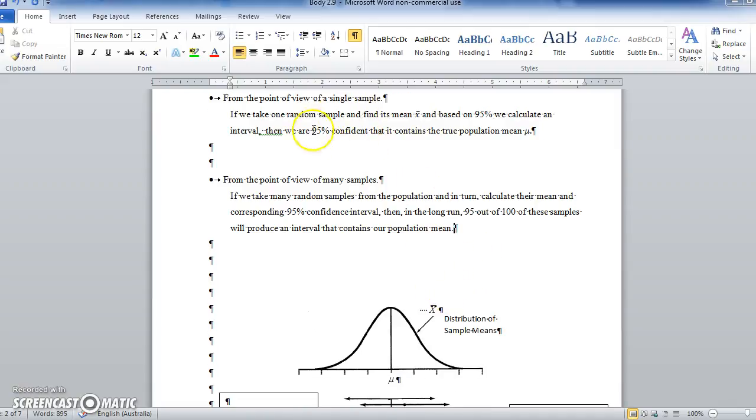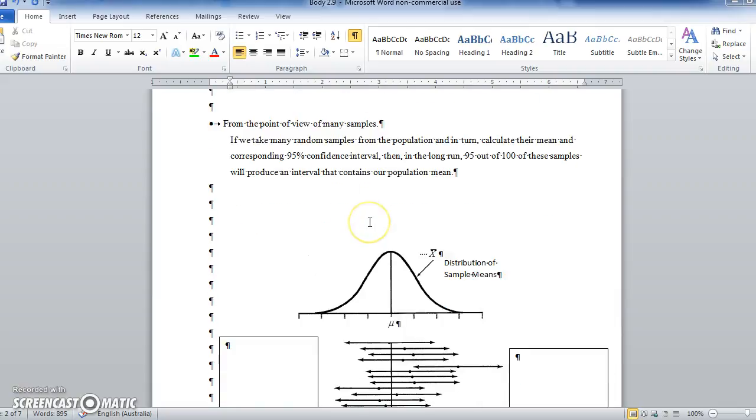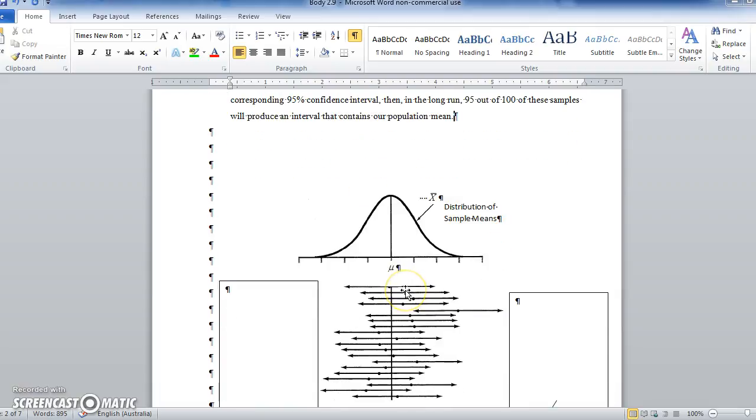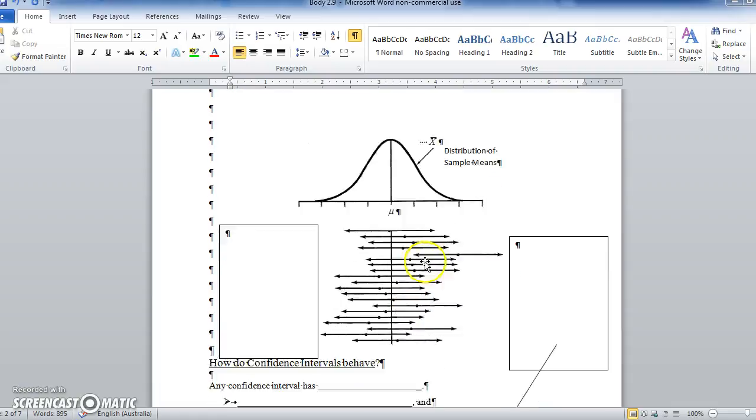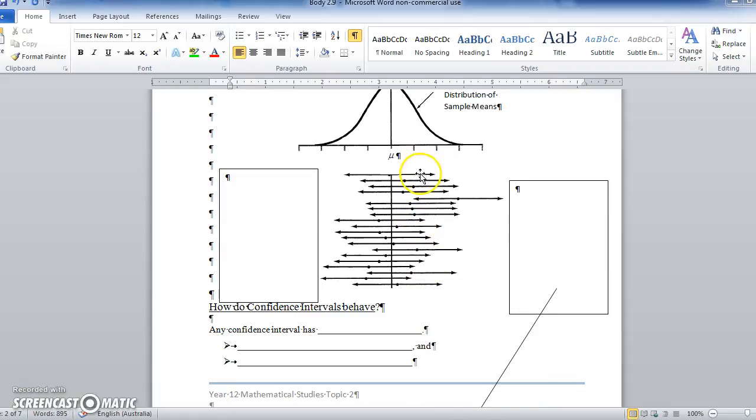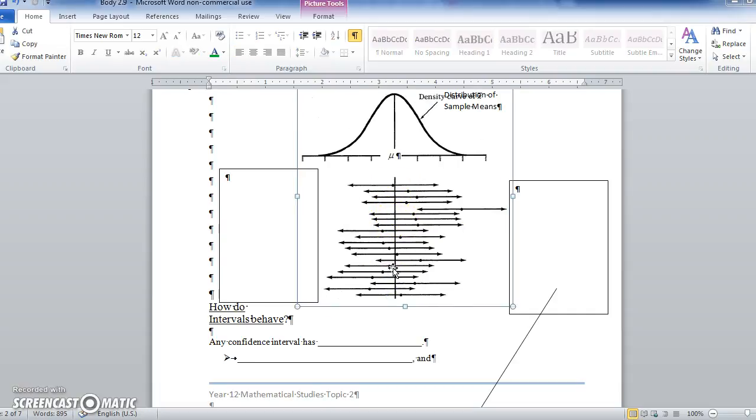Although the first is the safe way of viewing it, this one here is better at getting a visual idea of what we're on about. If this is our distribution of sample means, and here are 20 samples from our population, you'll notice that 1 out of 20 of these intervals does not actually contain the mean, represented by this line here.